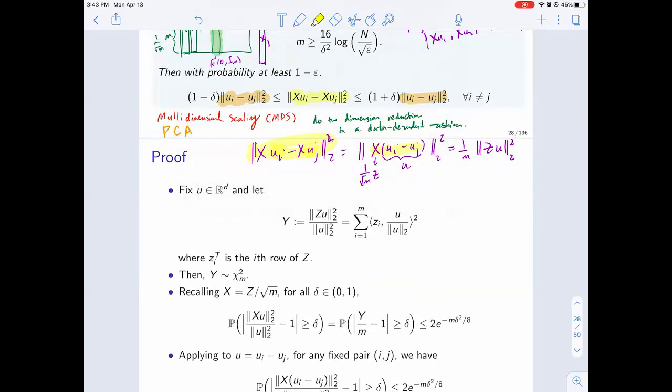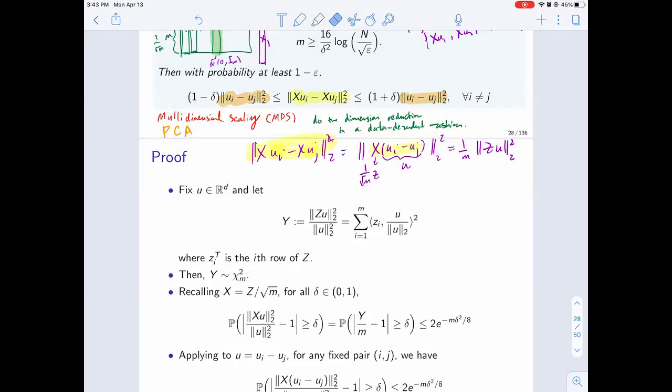If I call ui minus uj some u, and replace x with z, I get 1 over m, norm of z times u squared. So this is the basic object that I have to control.